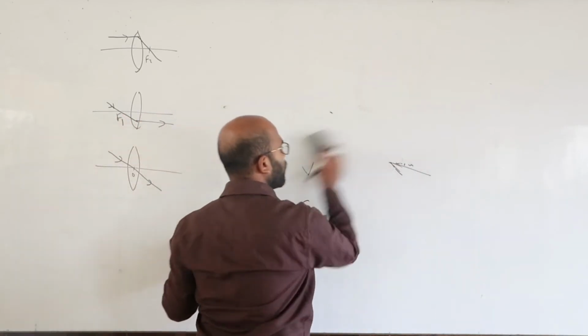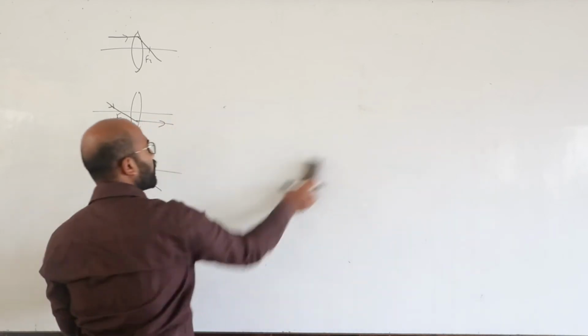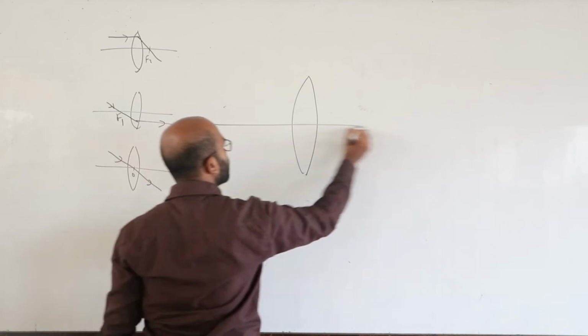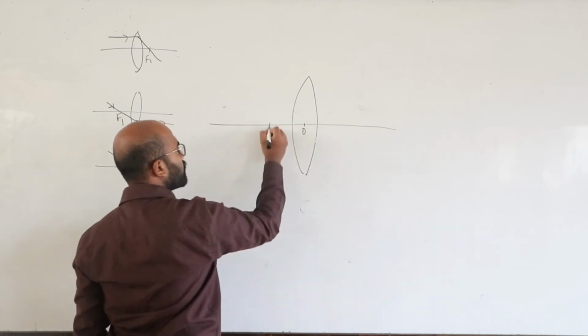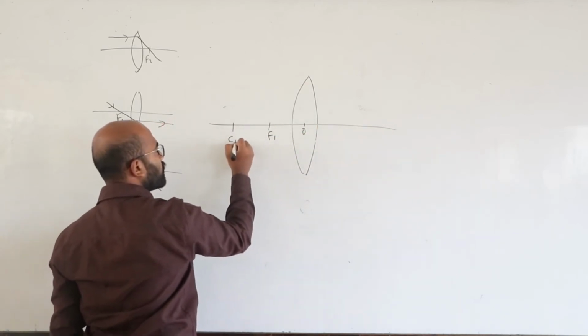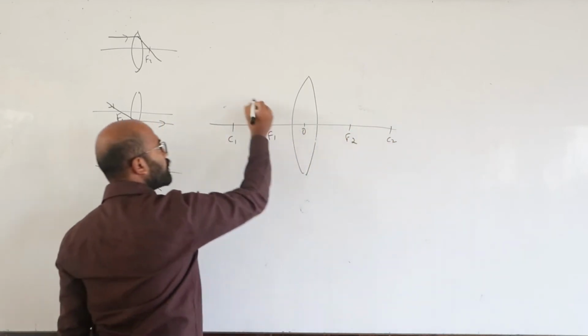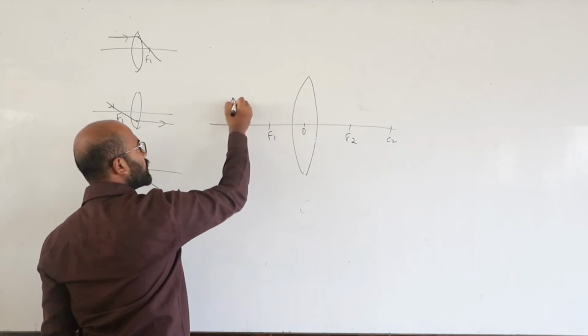Next, when the object is at center of curvature, so lens, optic center, F1, C1, F2, C2. Object is at center of curvature.